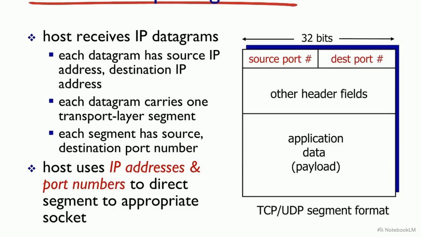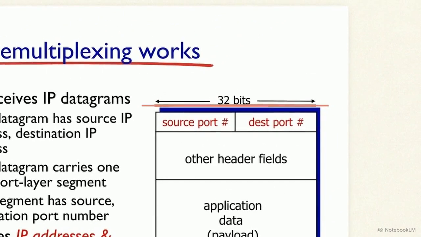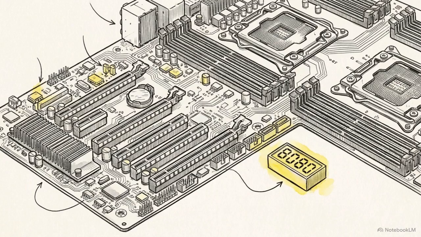Here is the standard format for a TCP or UDP segment. The payload sits at the bottom, but the sorting logic is built at the top. Notice this specific 32-bit block. Every segment carries a source port number and a destination port number. A port number is a strict mathematical address permanently assigned to an individual socket within the host machine.